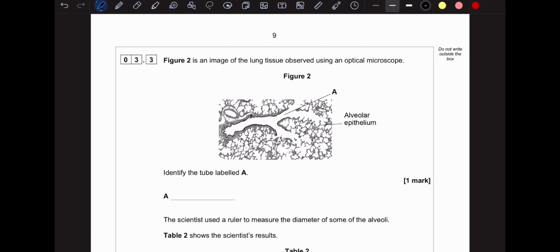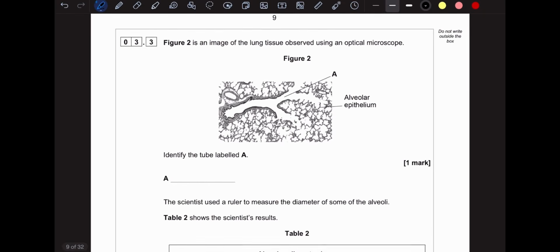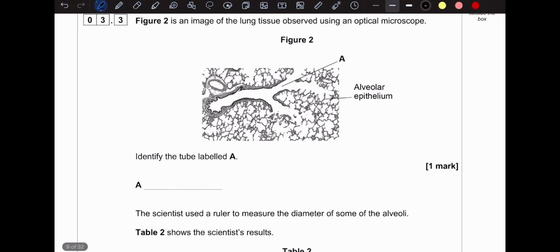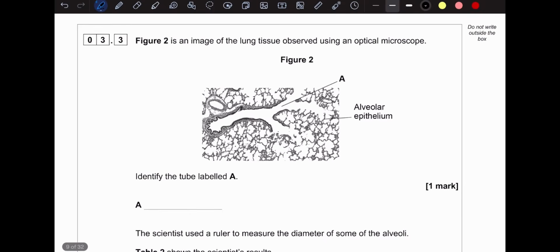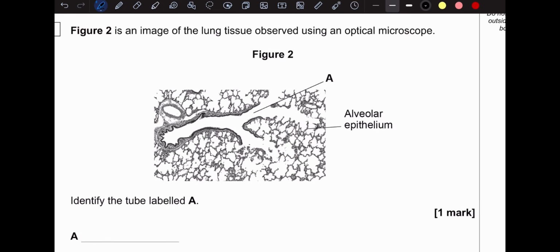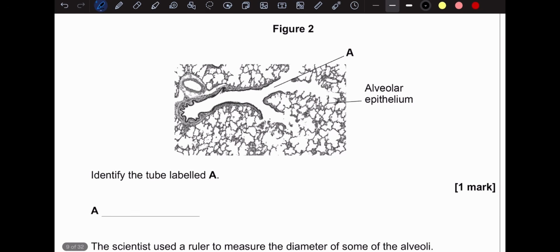Figure 2 is an image of the lung tissue observed using an optical microscope. It's labeled A and alveolar epithelium, and it wants us to identify the tube labeled A. Okay, so we can see A has a very distinct branching pattern, which I'm sure we know of, and if that's the alveolar epithelium, what's the tube-like branch that's coming into the alveoli?